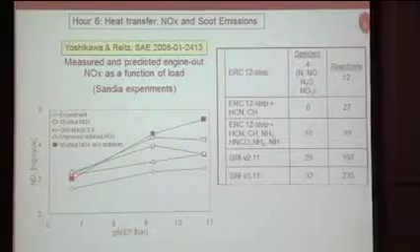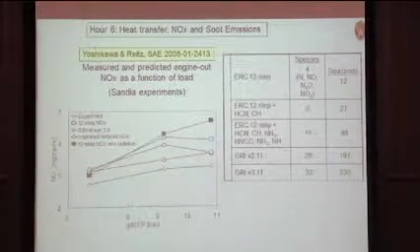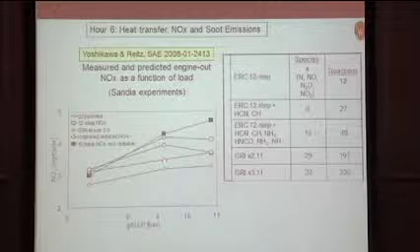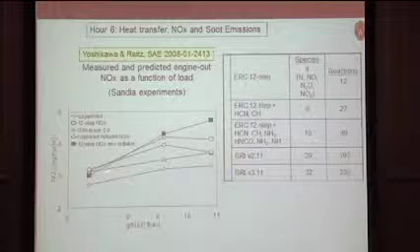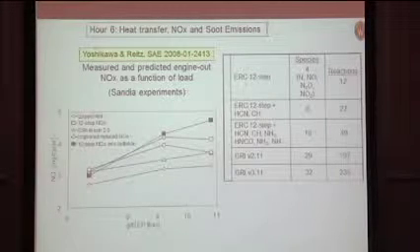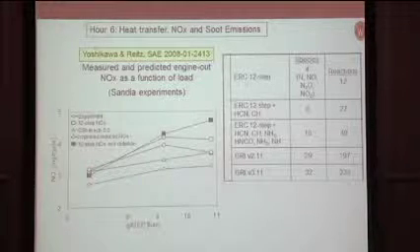The model that does the best actually is the GRI MEC model, these triangles here. But ultimately, all the trends are captured even with the simpler 12-step model, especially if you allow for the fact that there is going to be some discrepancy between calculated NOx and experiment.